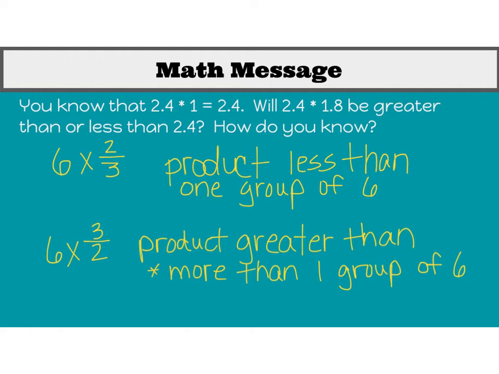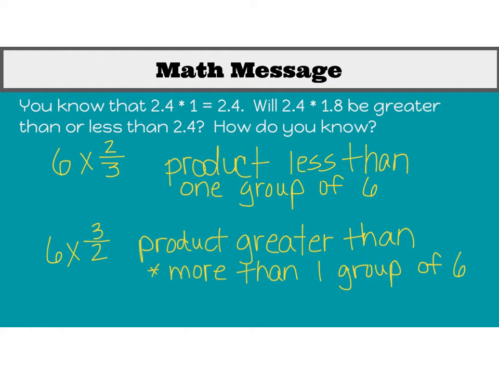And so what we need to be thinking about from here on after, if the second factor is less than 1, we know that the product is going to be less than the first factor. If the second factor is greater than 1, we know that the product is going to be greater than the first factor. And what else do we know?